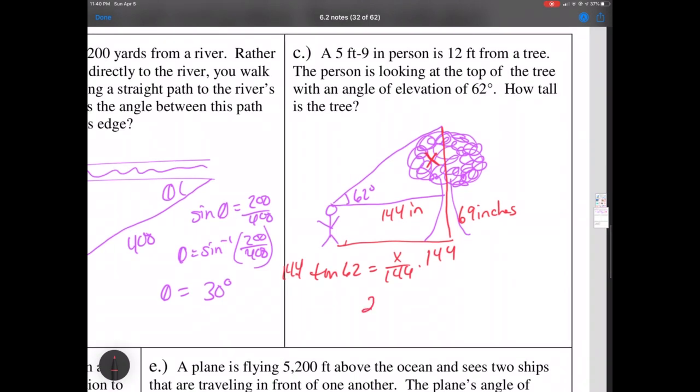It's 270.825 inches equals x. So we're going to add the remaining 69 inches, and we'll change it back to feet. So that's 28.319 feet, or 339.825 inches.